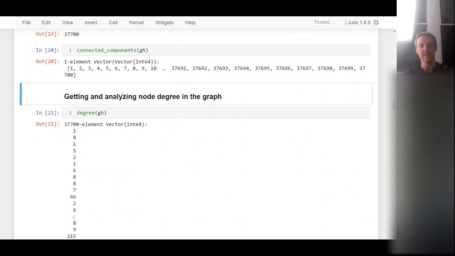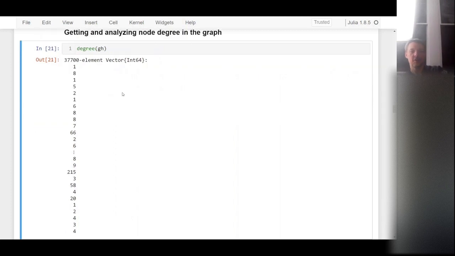Degree as defined by default means any neighbors. For now, we are not concerned whether this is a machine learning or web developer neighbor. It's just any neighbor.